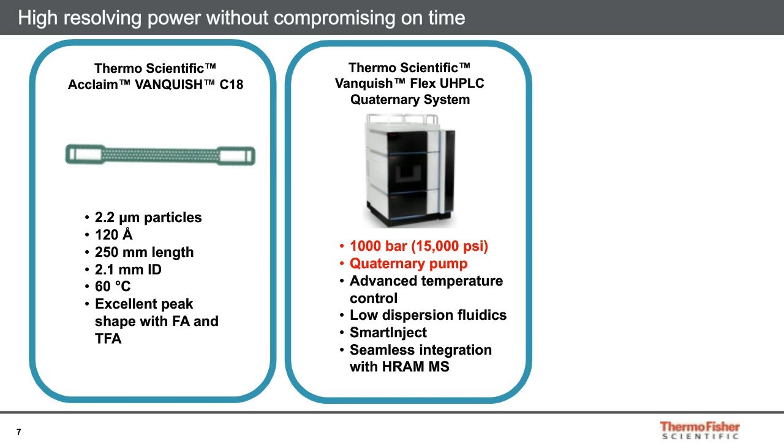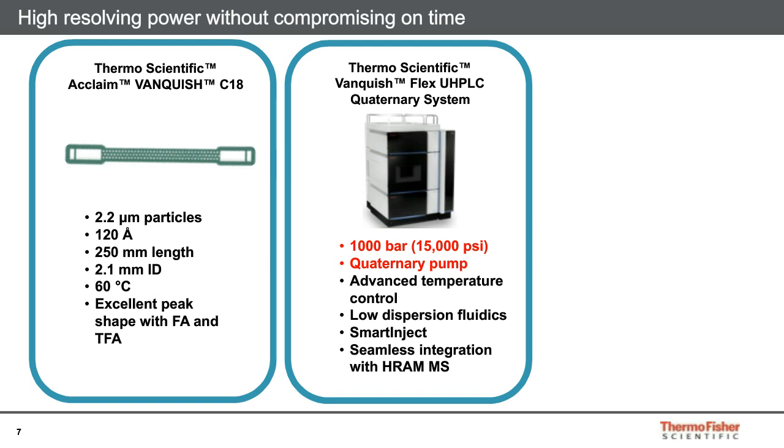Important features for peptide mapping of this system are the low dispersion fluidics that allow us to fully profit from the high resolution of the column, advanced temperature control that I will explain in the slides later, and other features such as the smart inject, which are also described later on in the presentation. Of course, there is seamless integration of this system with any high resolution and accuracy MS from the Thermo Scientific portfolio.